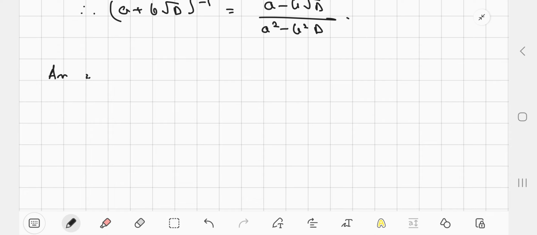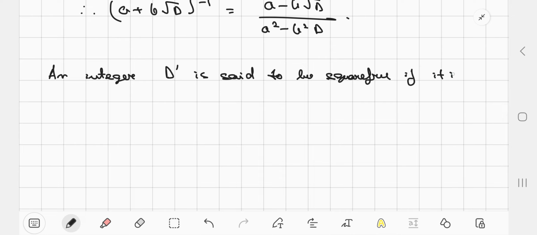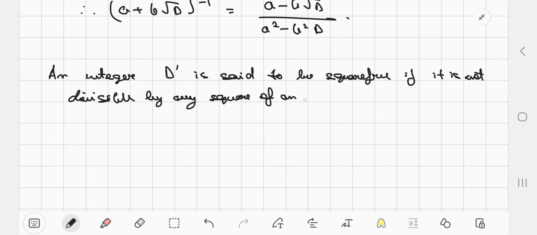An integer d dash is said to be square free if it is not divisible by the square of any integer other than 1.